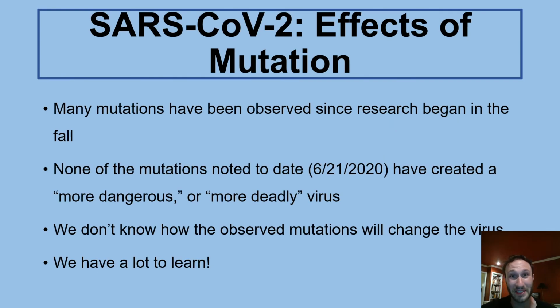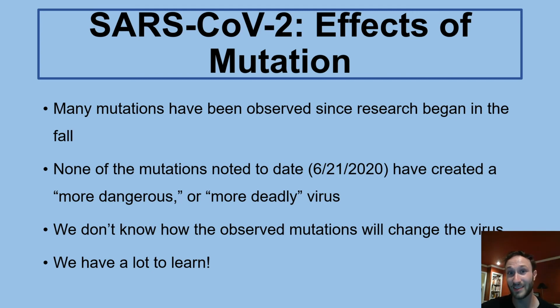The short answer is we don't really know. Since intensive research began on the novel coronavirus last fall, researchers have sequenced over 11,000 coronavirus genomes. The vast majority of these mutations, as mentioned previously, are silent, they haven't caused any observable effect on the virus itself.